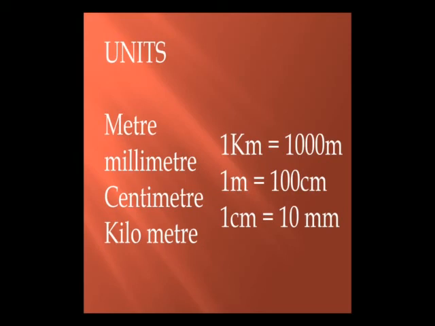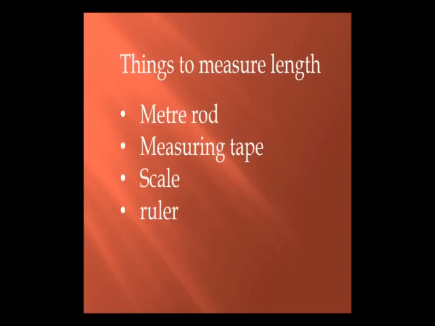However, the main standard unit of length is meter. There is a relationship between all these units. 1 kilometer is equal to 1000 meters. 1 meter is equal to 100 centimeters and 1 centimeter is equal to 10 millimeters.